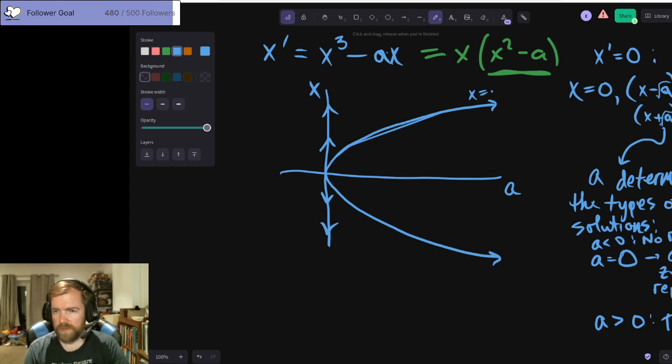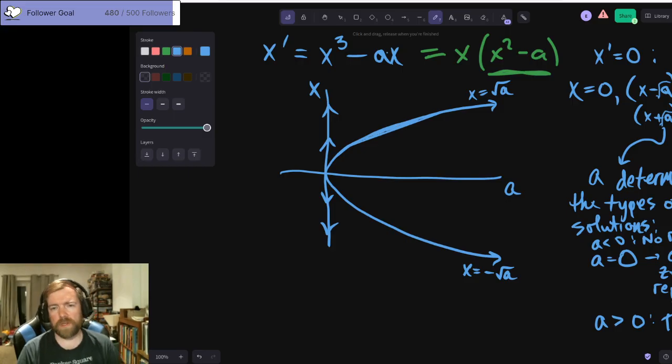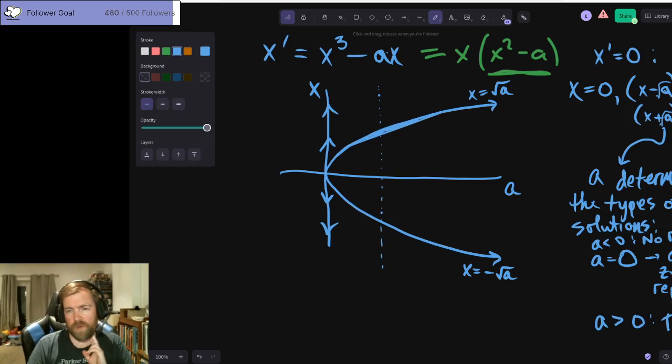So x is equal to the square root of a, and x is equal to negative square root of a. And if we pick some a value just arbitrarily that is going to be positive, then what are the behaviors we get along this particular a value?